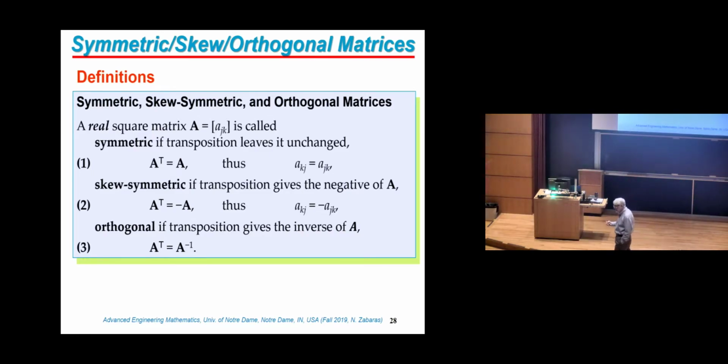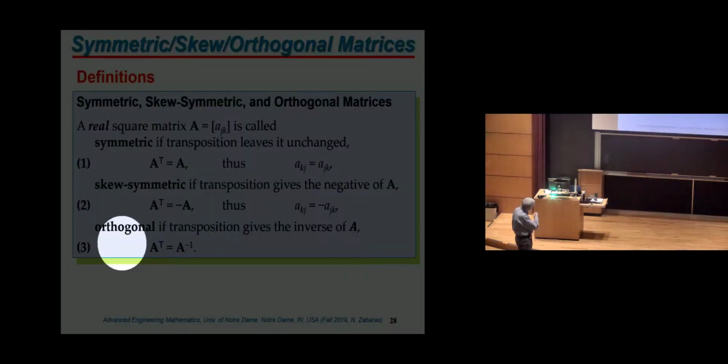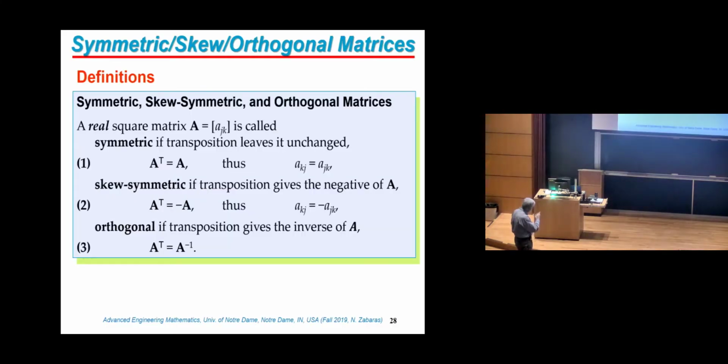And you remember, if the columns of a matrix are orthonormal, Q transpose Q equals I to start with, but if in addition the matrix is square, then Q transpose equals Q inverse. That's when we call this matrix an orthogonal matrix.